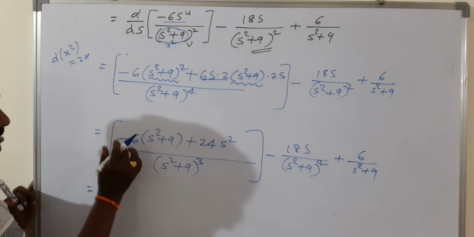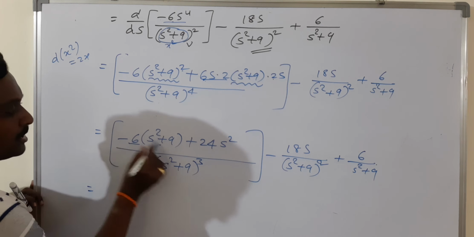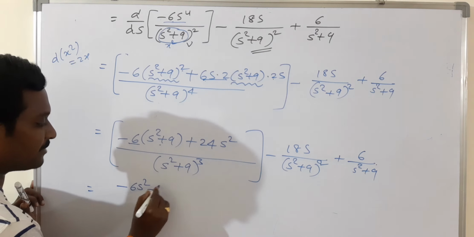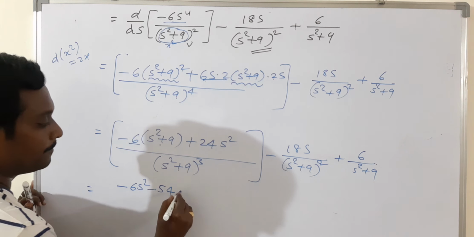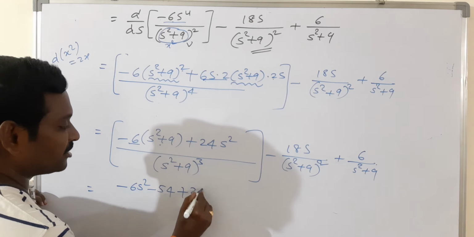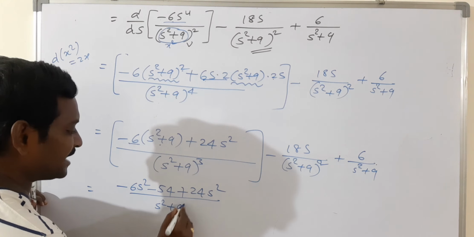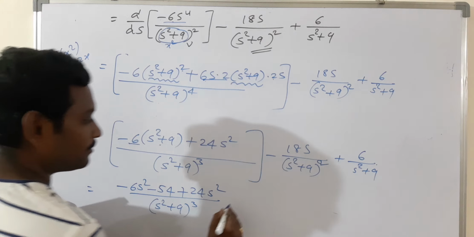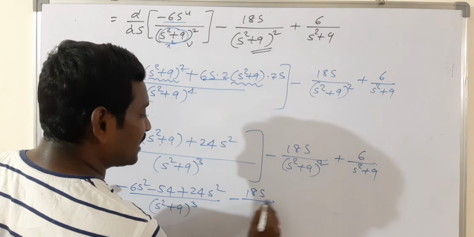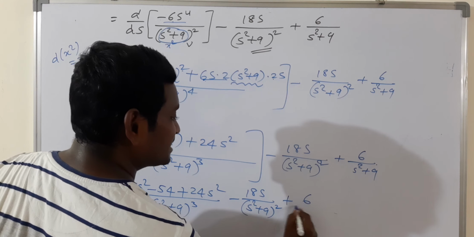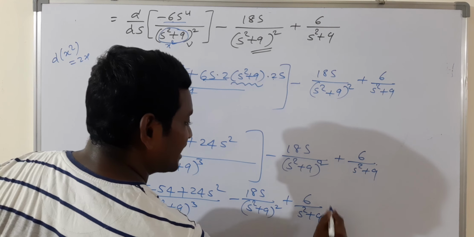Now take this negative 6 inside. You will get minus 6s square minus 6 into 9, minus 54, plus 24s square by (s square plus 9) whole cube minus 18s by (s square plus 9) whole square plus 6 by s square plus 9.